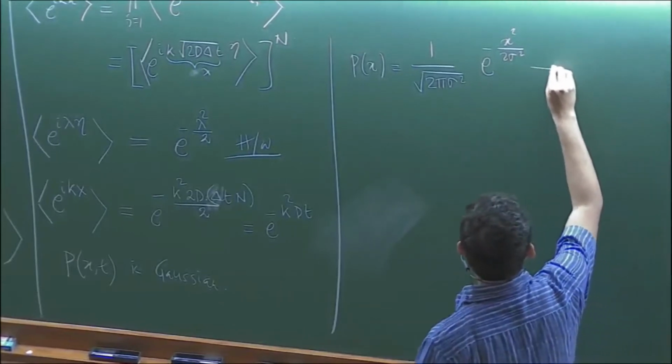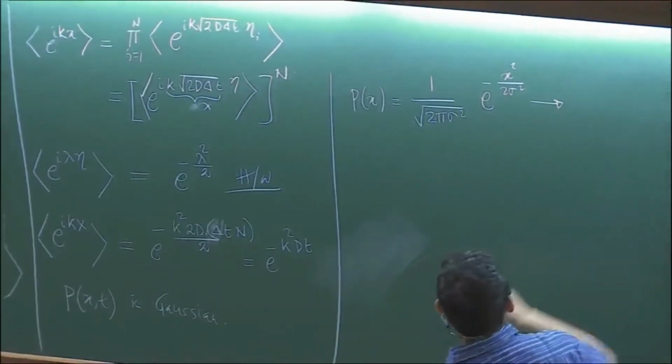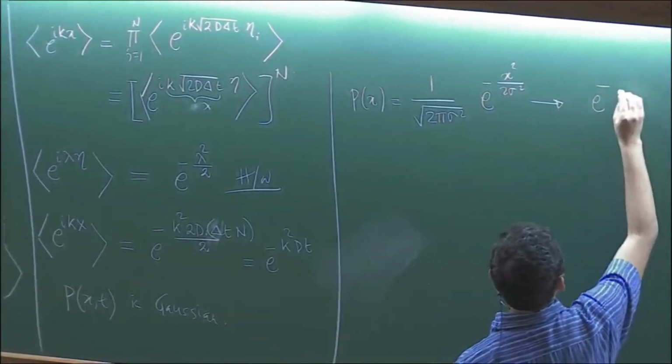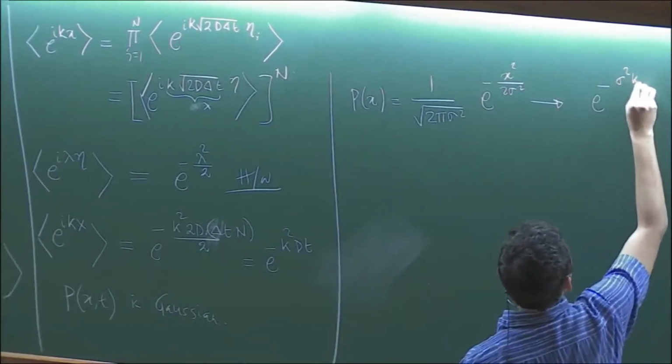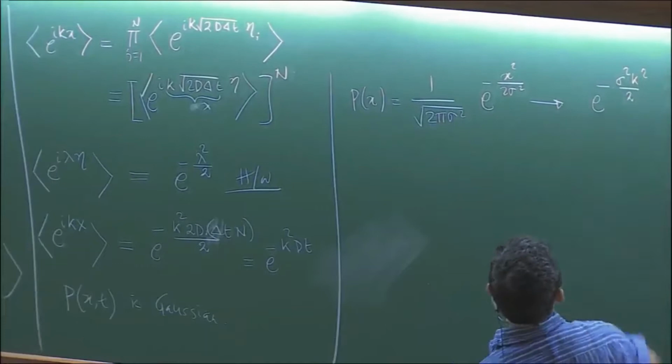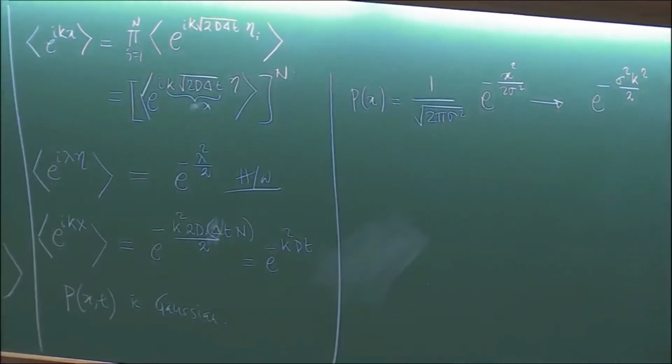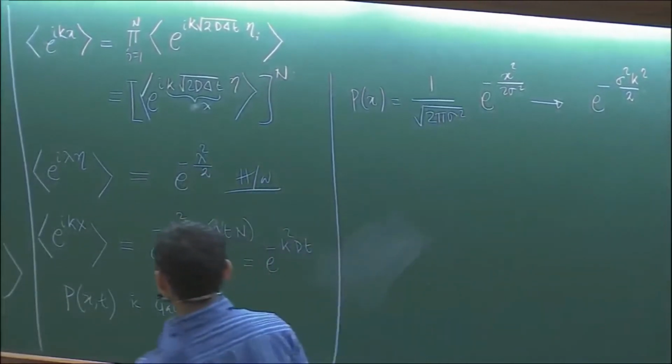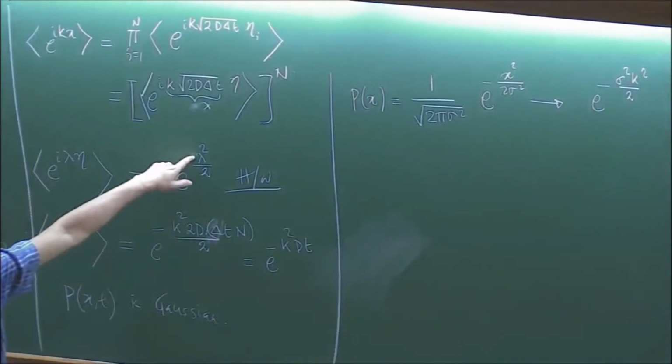So this one, the characteristic function is e to the power minus sigma square k square by 2. So here this is the case where sigma is equal to 1, right?